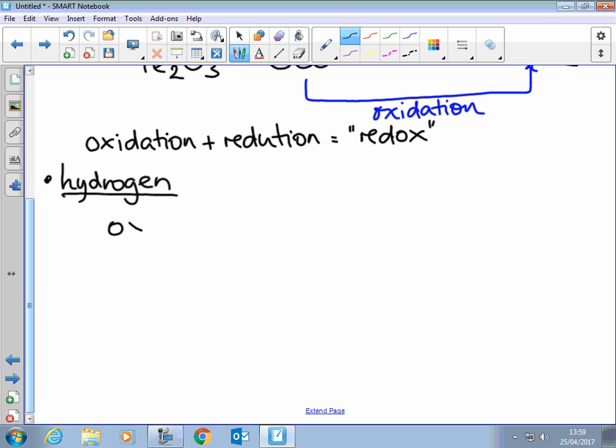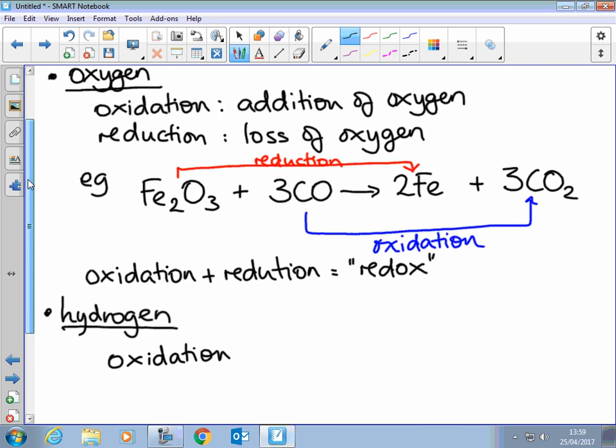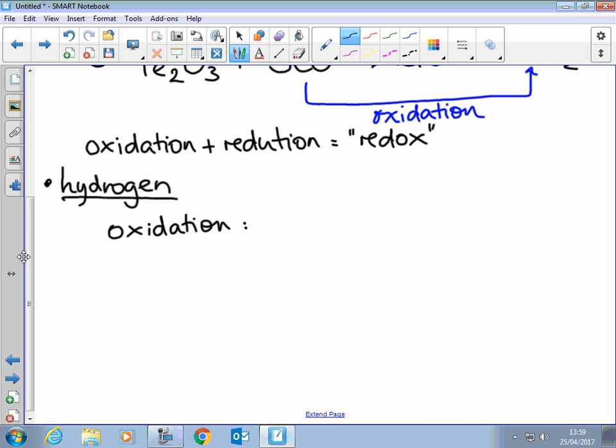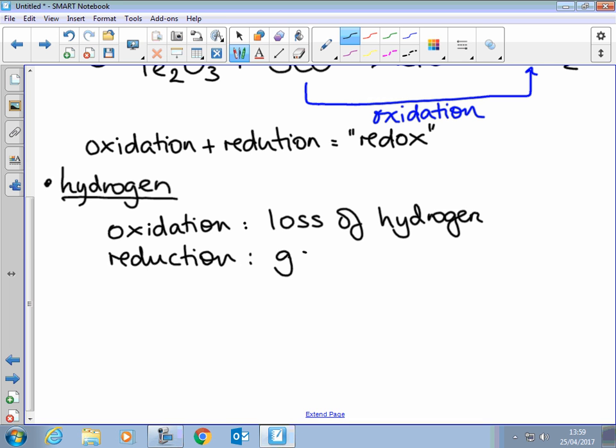So this time, oxidation. How did I write it up there? Just a colon, was it? Yeah. Oxidation this time would be the loss of hydrogen, and reduction would be the gain of hydrogen.